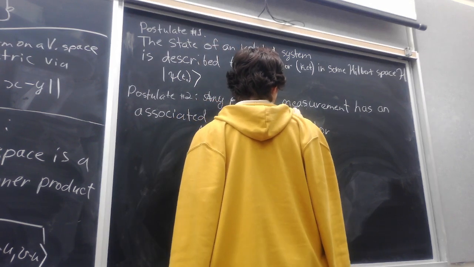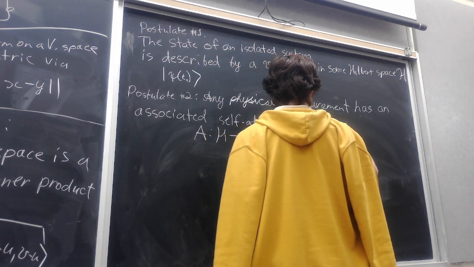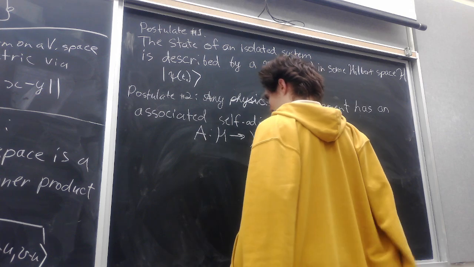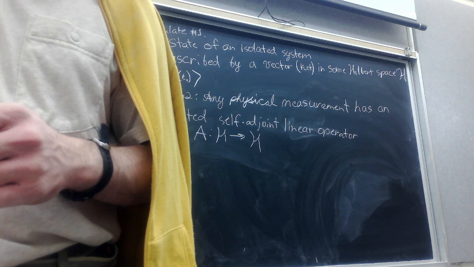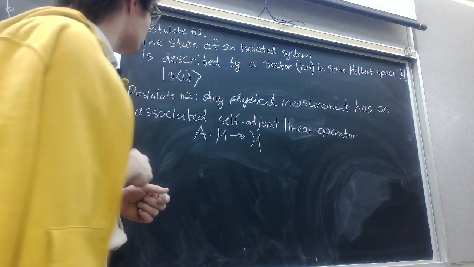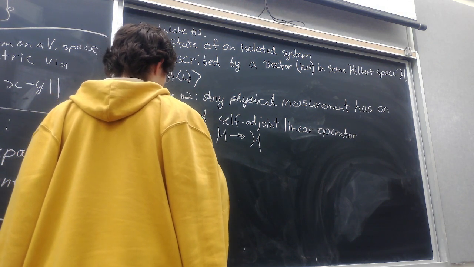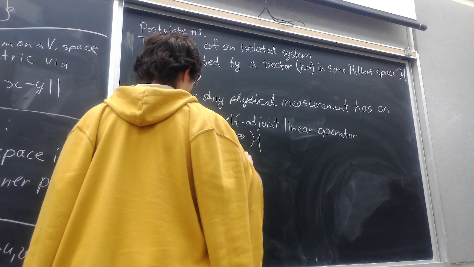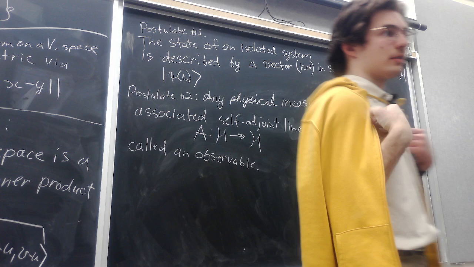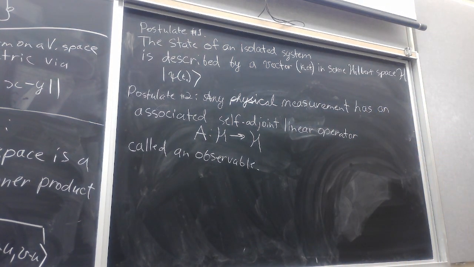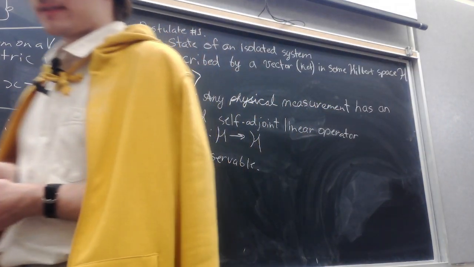Well, a self-adjoint linear operator, so-called an observable. Okay, so this is not the full story quite yet. We'll get to this in a moment. But this is the second postulate.